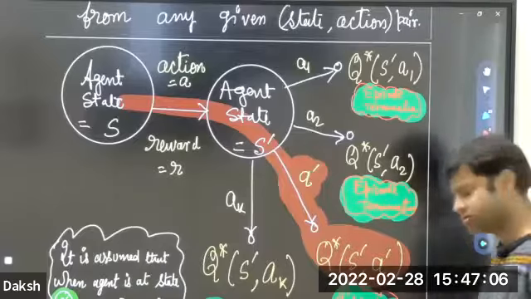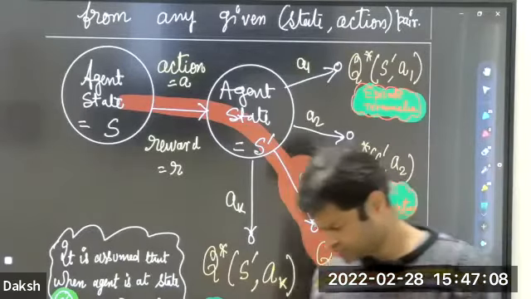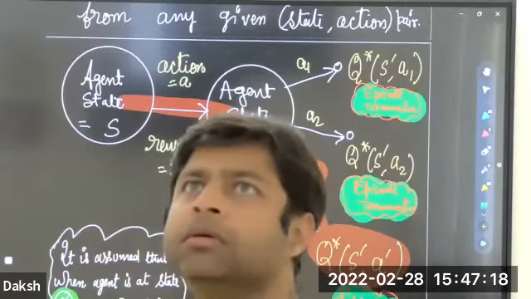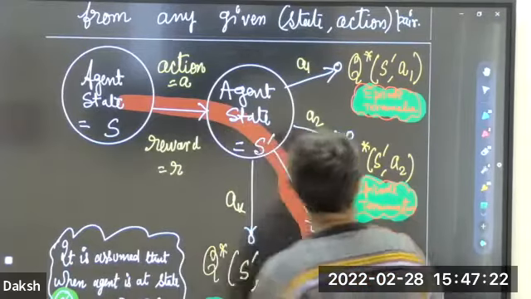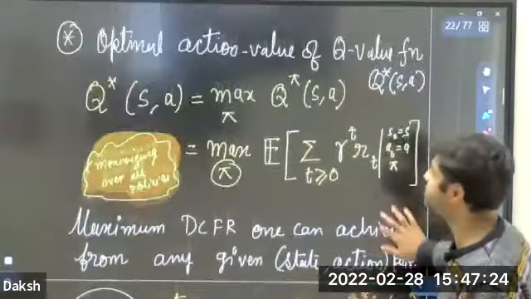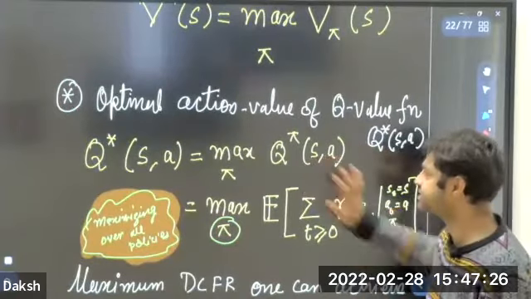Excuse me, sir. Sir, would it be right to say that for different state S, I can have different policies giving V asterisk of that S? No, it is not the thing. What I have said is simply the definition.